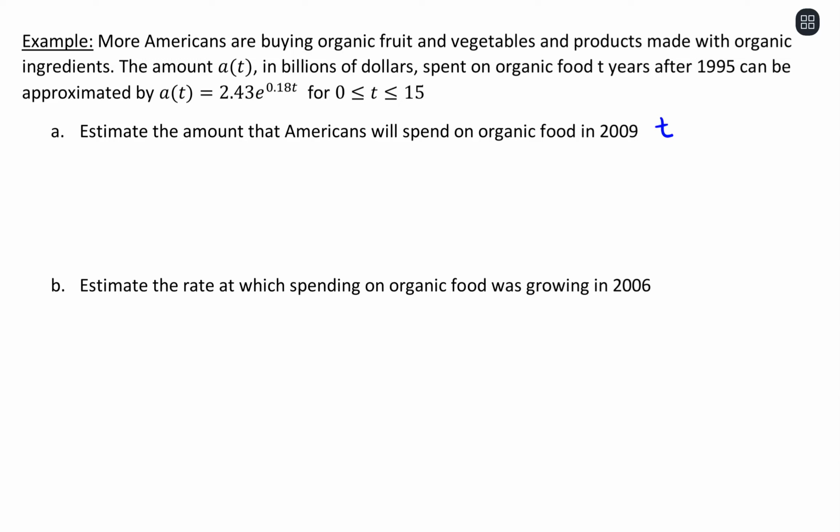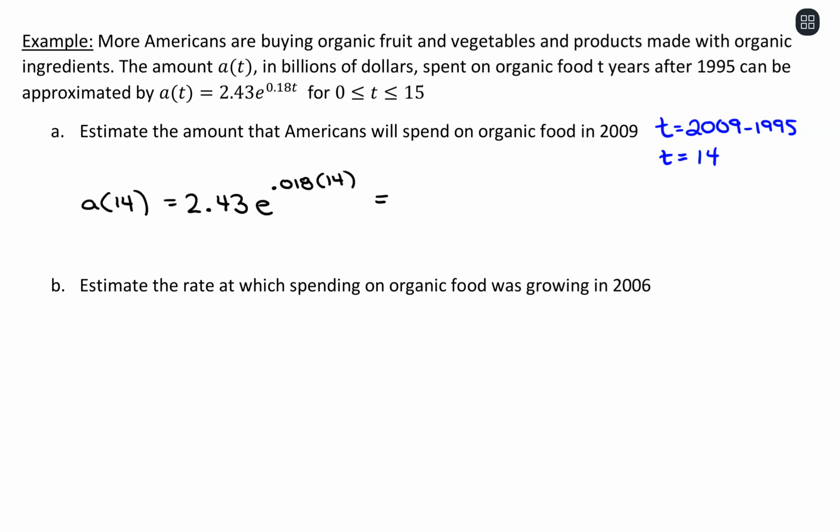So with this one, we're taking 2009 minus 1995. So we're working with t equals 14. So let's find A of 14 by taking 2.43 e to the power of 0.18 times 14.